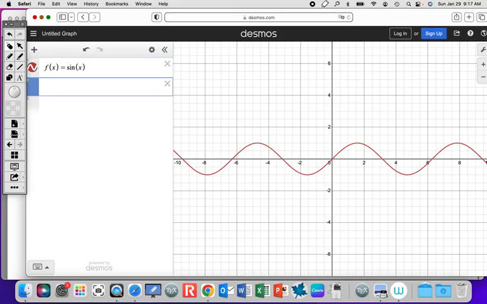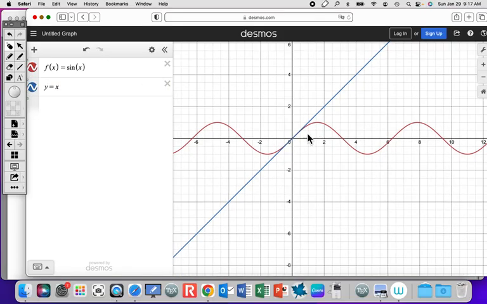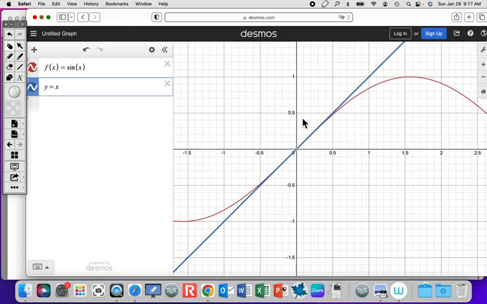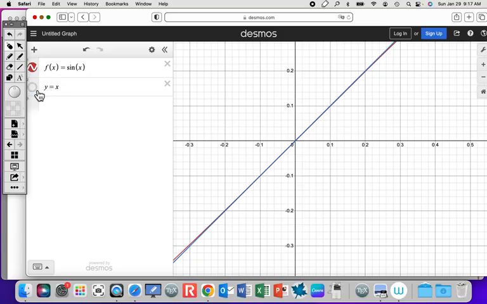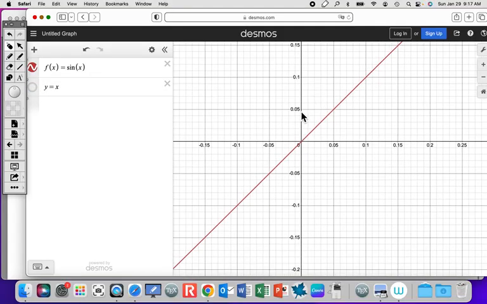And instead of y equals t, we'll do y equals x. And we'll click there at the origin. And sure enough, I think you can even see from this vantage point, as we get closer and closer to the origin there, the graph of the sine function and the graph of that line become indistinguishable. All right, so that's our graphical confirmation that we found ourselves the tangent line.